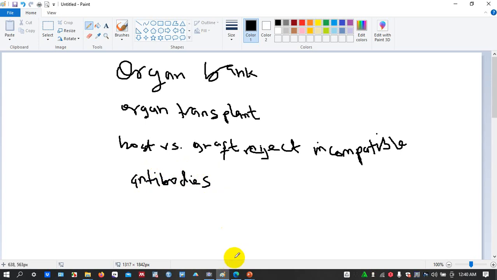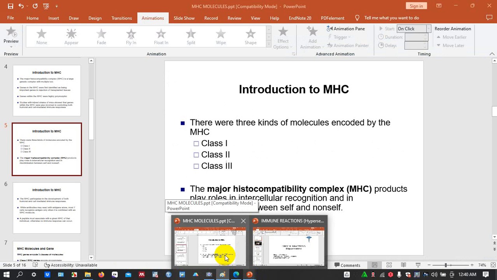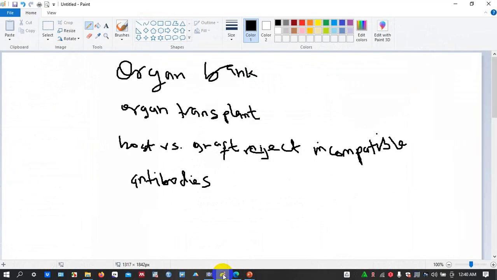It depends on the major histocompatibility. That is making it impossible for you yourself, your own antibodies or cells, to fight against you.